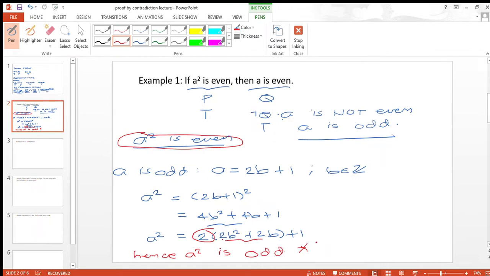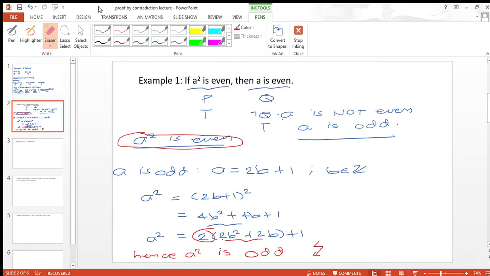So in some books, you will find this symbol here, like a symbol for lightning. That symbol means contradiction.